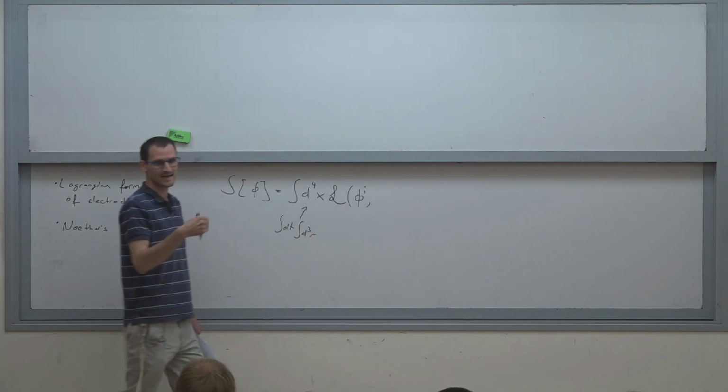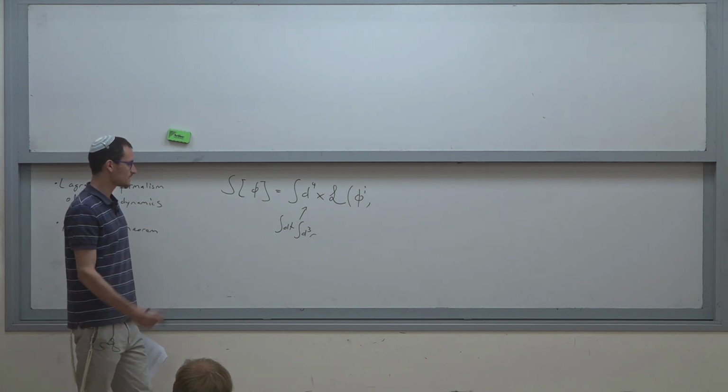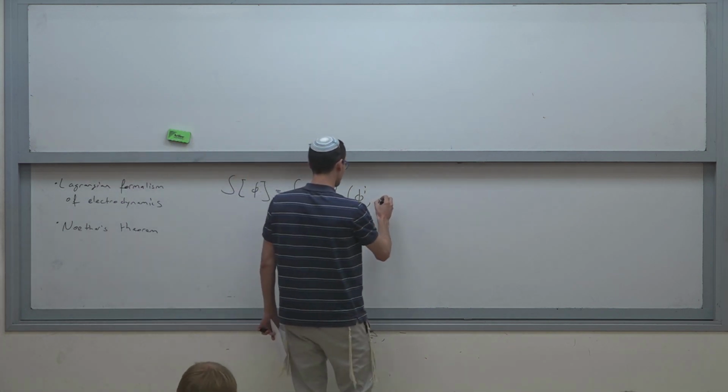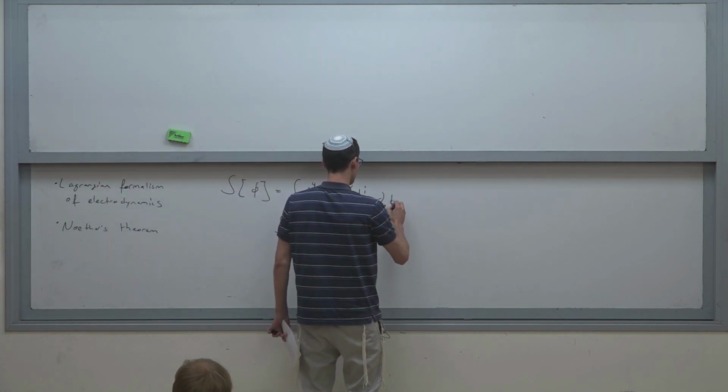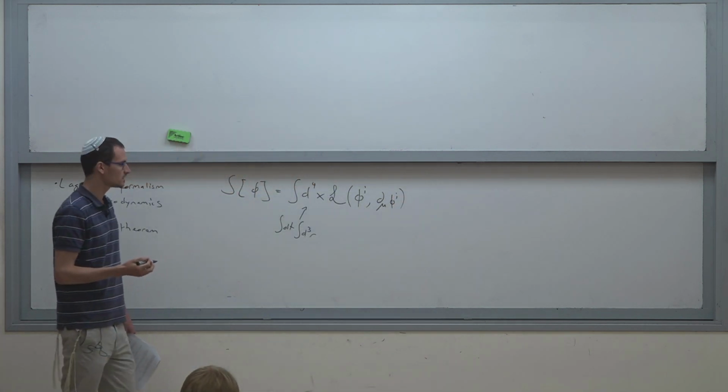So i counts field number 1, field number 2, field number 3. And it's also a function of its derivatives, d mu phi i, where d mu can be a time or a spatial derivative.